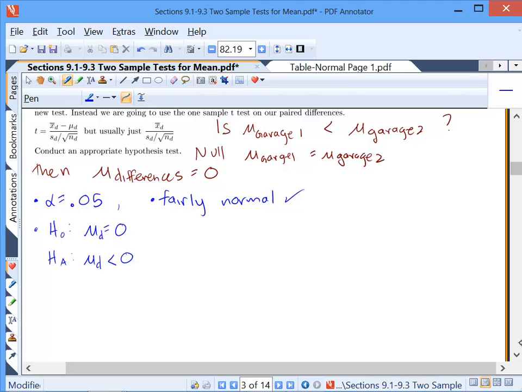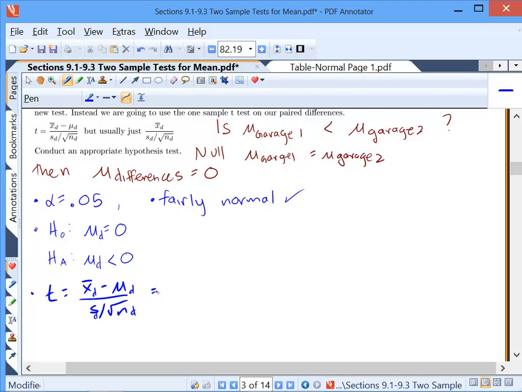What comes next in our hypothesis test? Our test statistic, t. So it's x bar minus my hypothesized mean over s over the square root of n. And remember, because this is differences, I could, if I wanted to, put little d's everywhere. So look up above at the page.